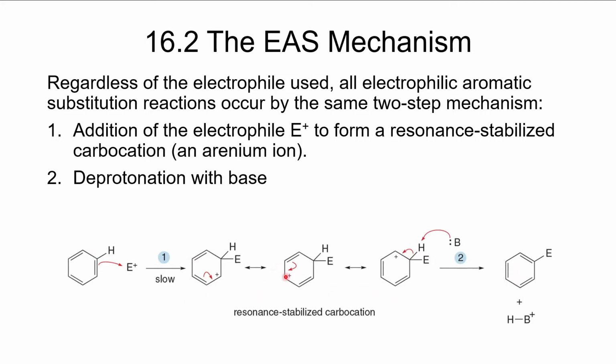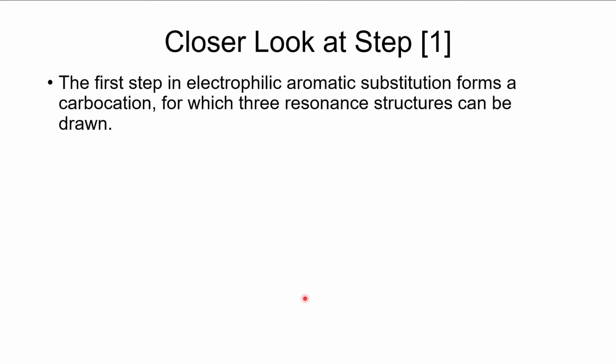It's okay to temporarily disrupt the aromatic ring, but we have to reform it at the end if we want this reaction to work. So we're going to look at that step 1 a little more closely. What is that resonance stabilized carbocation that we have formed?